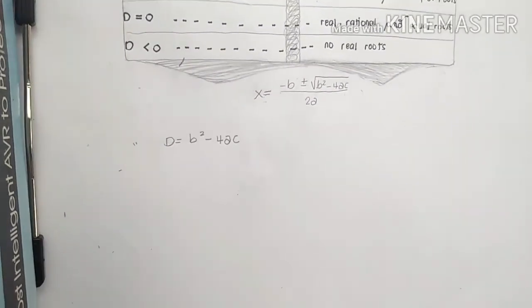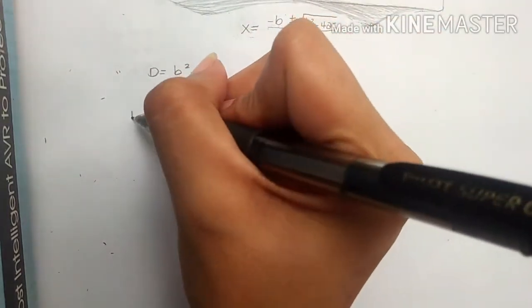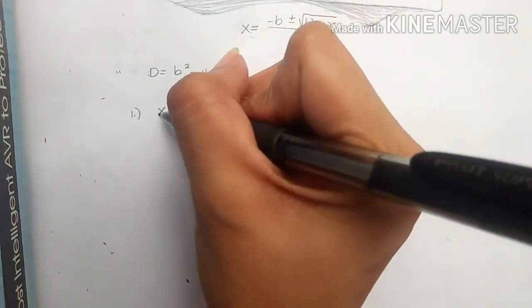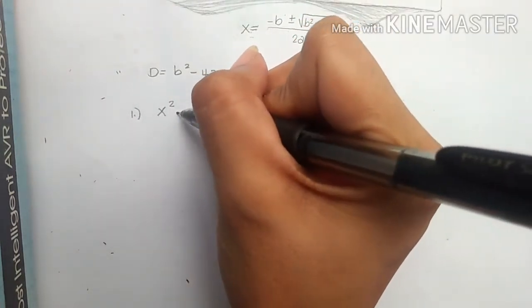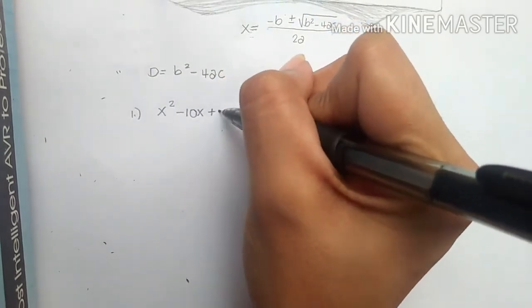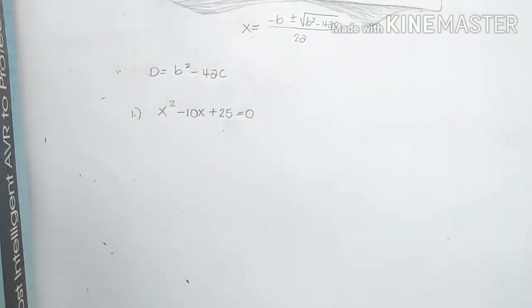So let's have an example. Number 1: x squared minus 10x plus 25 is equal to 0. This is the quadratic equation.